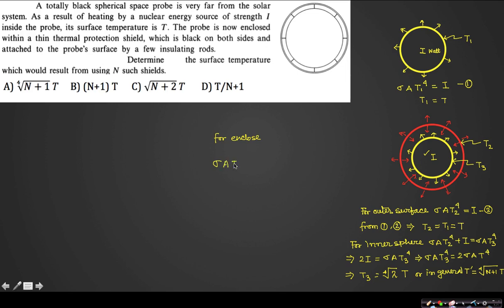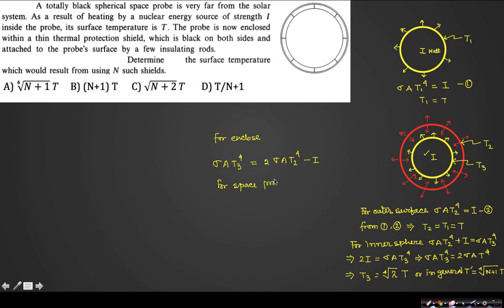It is sigma A T3^4 only, right? And the net heat that is outgoing from the enclosure is 2 times sigma A T2^4, right? So let us take this as one equation, and another equation for the space probe.